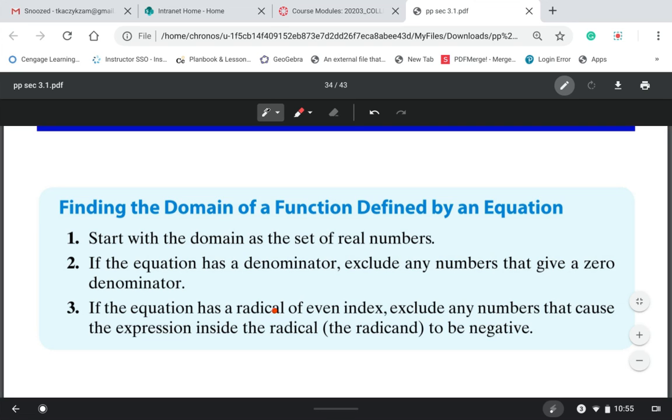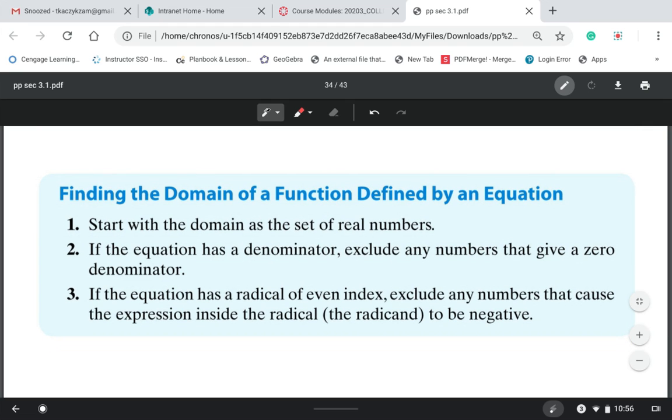If the equation has radicals of even index, like a square root, exclude any number that causes the expression inside the radical to be negative. So what that means here is that when you have radicals with even index, you take the expression under the radical, and we have to give the condition that it has to be 0 or greater than 0.